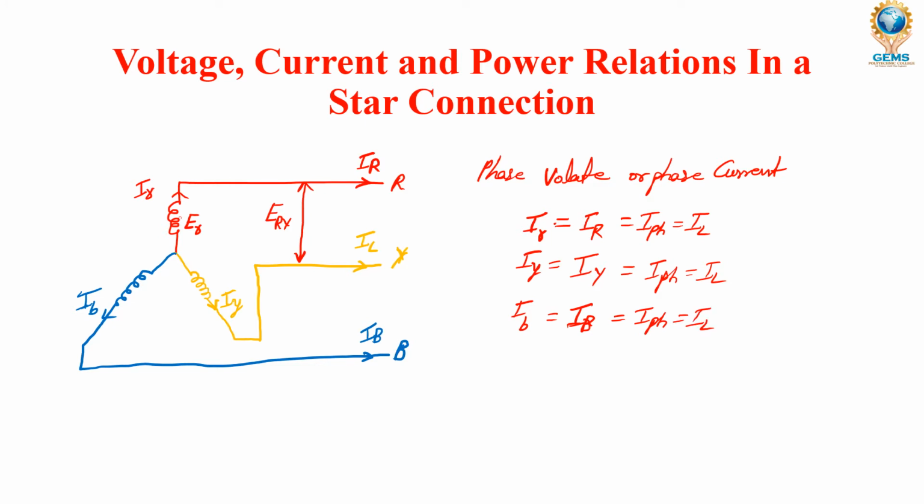But if you see voltage, here the R phase voltage is ER. This is the phase voltage, when it comes to line, the line voltage is ERY. The phase voltage in Y is EY. The line voltage is EYB. The phase voltage in B phase is EB. Line voltage is EBR.